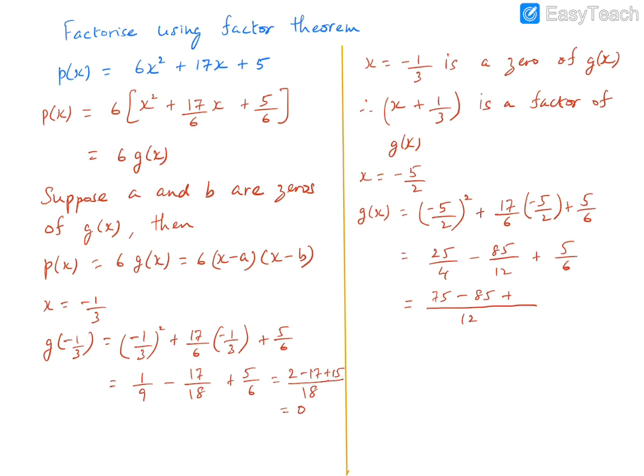So 2 into 5 is 10. So we have 75 plus 10 is 85 minus 85, which is 0. Okay, so therefore we have x equals minus 5 over 2 is 0 of g of x.